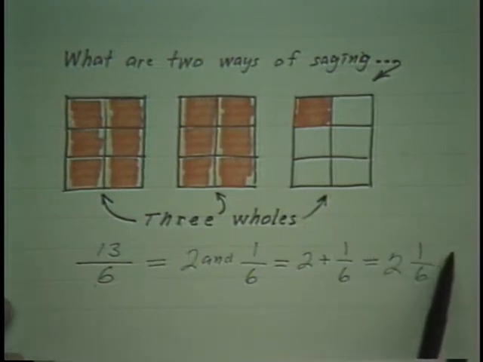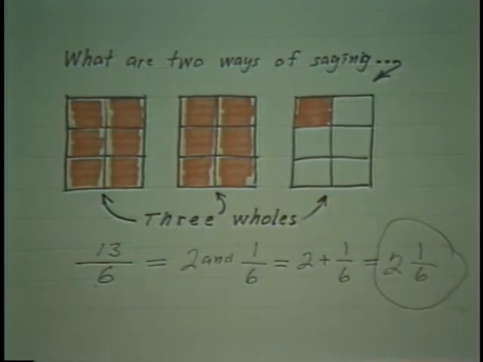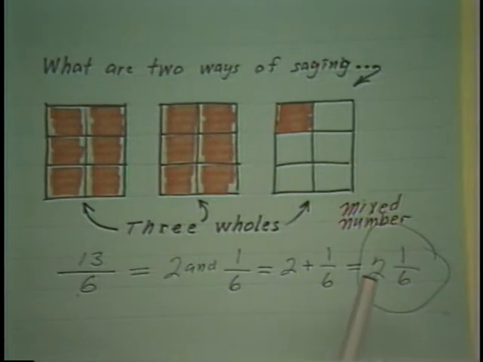If we write it this way, we call that a mixed number. By mixed number, we mean it's 2 numbers mixed together. See, we even say it that way: 2 and, second number coming up, 1/6. This we call, unfortunately, an improper fraction if the top is equal to or greater than the bottom.